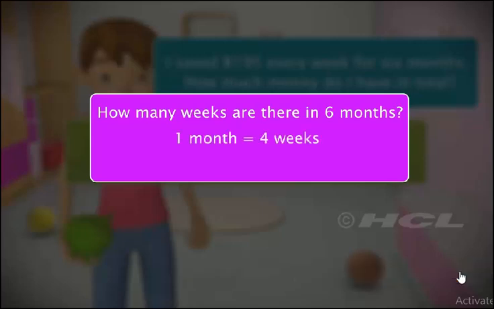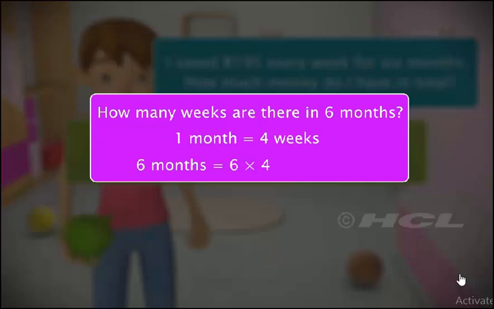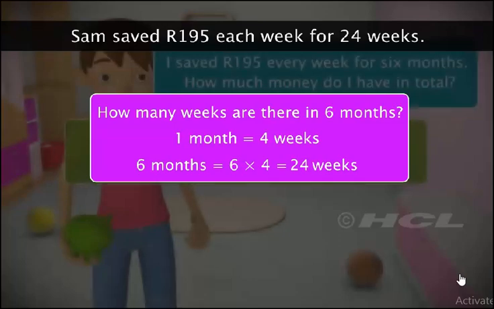Four weeks make a month, so there are 6 multiplied by 4 weeks in 6 months. Six times 4 is 24. So, Sam saved 195 rands each week for 24 weeks.